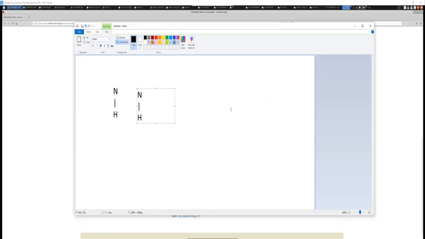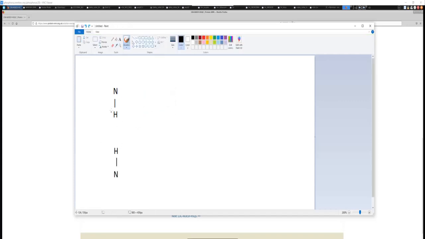Okay, so now that I have these situated, these amides from two different peaks are within a certain distance, and magnetization can transfer from one back to the other.